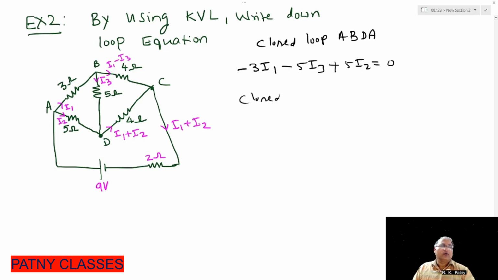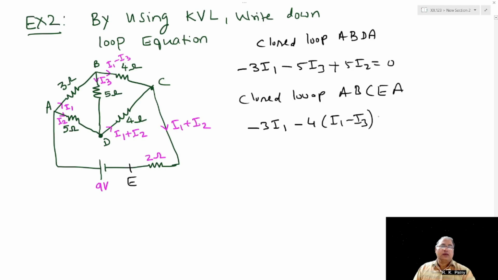Then for closed loop A, B, C, E, A. For this closed loop, again minus 3 I1, then minus 4 (I1 minus I3), then we are moving in the direction of current, therefore minus 2 (I1 plus I2).